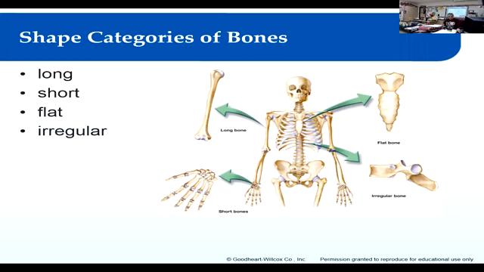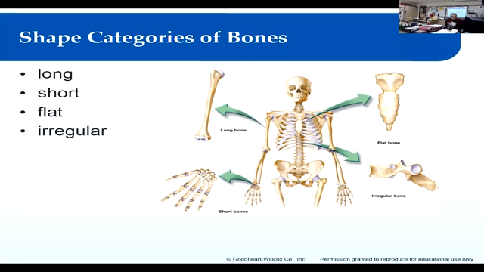Okay, so we talked about long, short, flat bones. Typically, the flat bones, I think that's kind of where we were. They're thin, they're usually curved. They also usually have a little bit of cortical tissue around the outside, but they're trabecular in the middle.